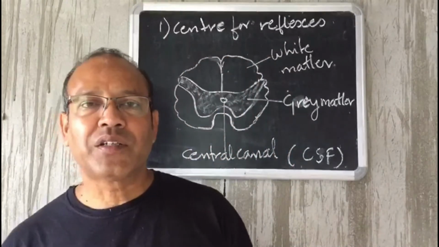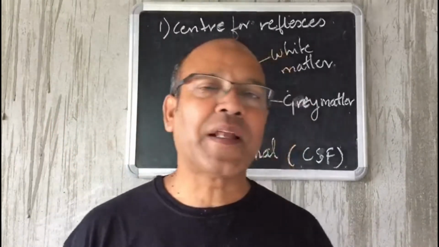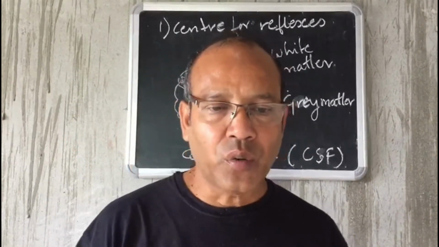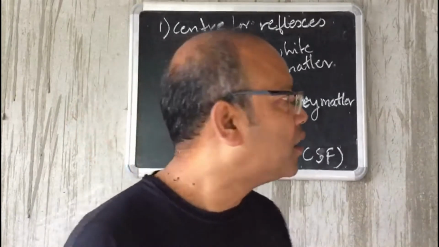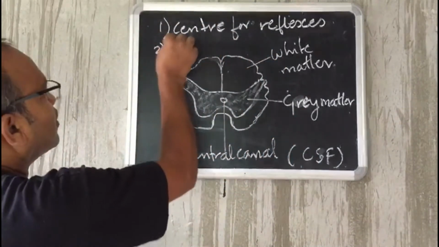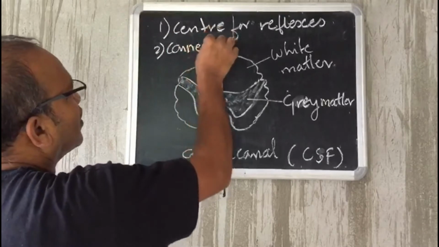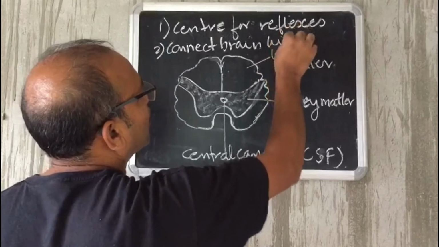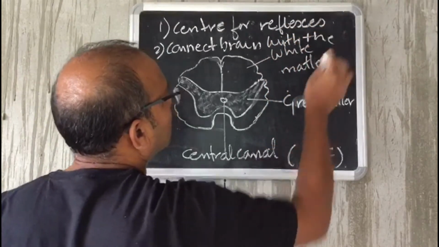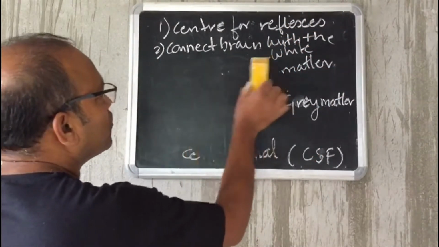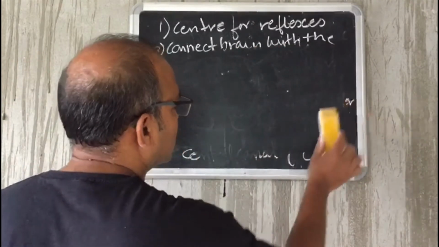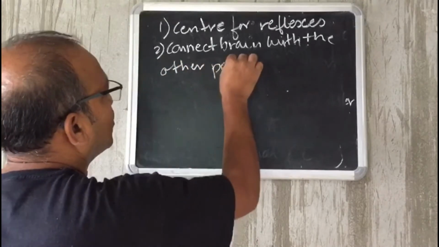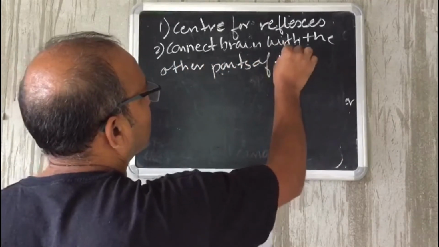Another important function of the spinal cord is that it connects the brain with the different parts of the body.